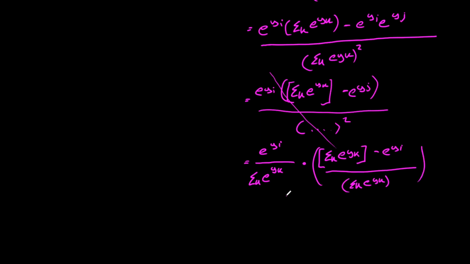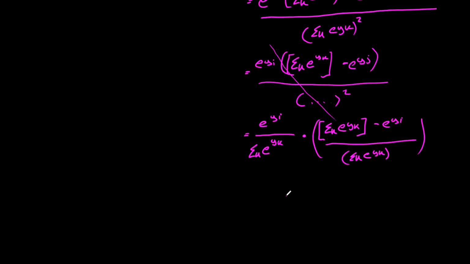Okay, so here we see that this first term is the softmax activation of i. So this becomes p_i multiplied by this whole thing.